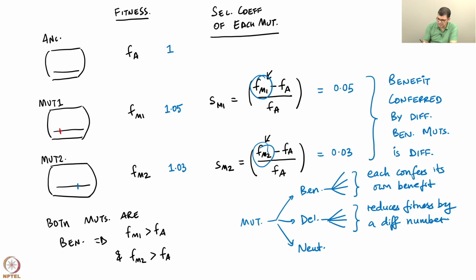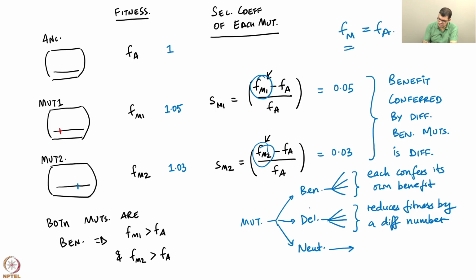And this particular quantification is not valid for neutral, because all neutral mutations are the same, because by definition in neutral mutations the fitness of a mutant is simply equal to the fitness of the ancestor. So, all mutants have the same fitness as the ancestor. So, from the context of change in fitness, all neutral mutations are the same.